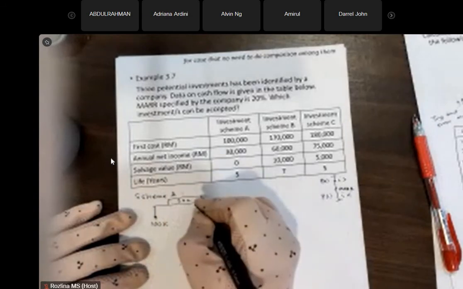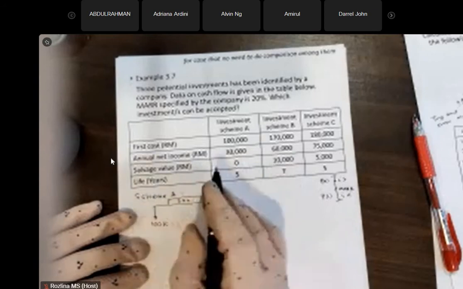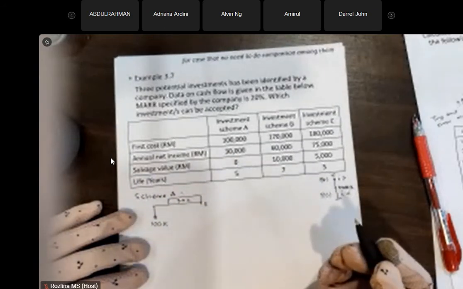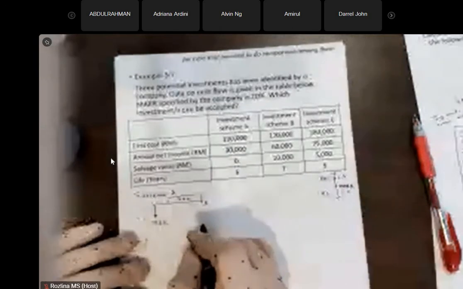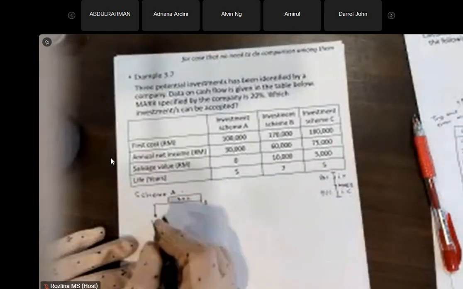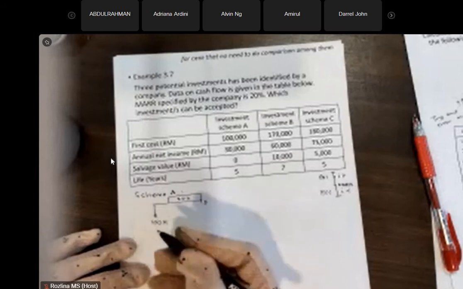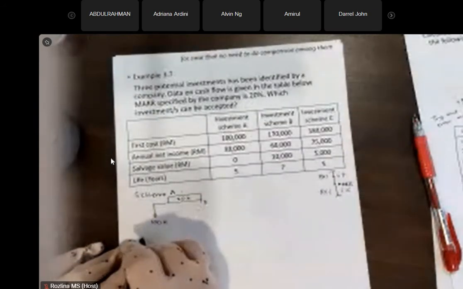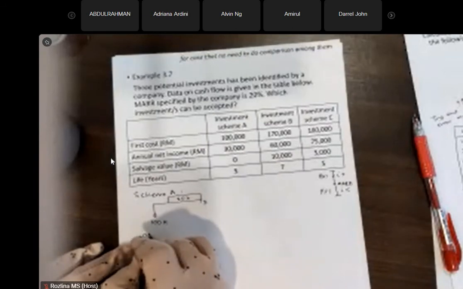There is no salvage value, no final value. Life is 5 years. Then you can calculate the I. What is the I value here? By calculating the P here.